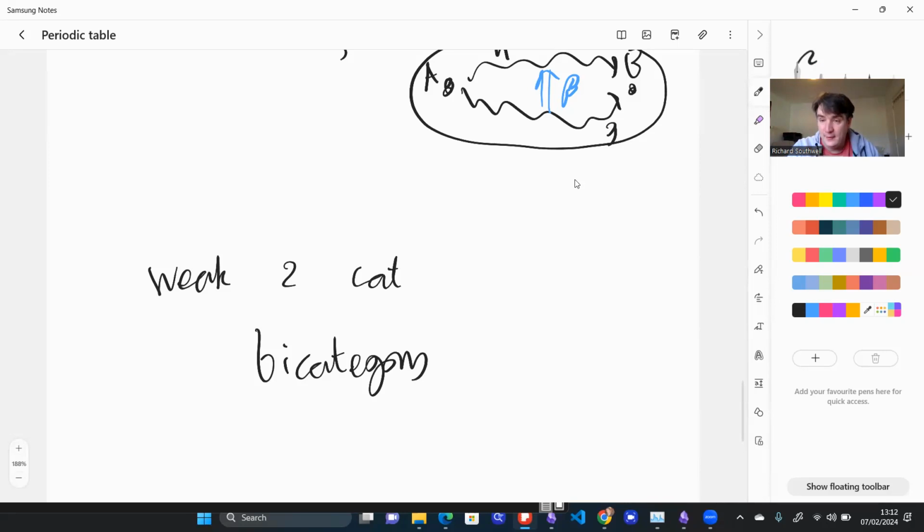Now, a bicategory is kind of like a 2 category, but some of the parts of it don't work in quite such a constrained way. To be more exact, a bicategory has all the same kind of stuff as a 2 category. It has 0 cells, 1 cells, and 2 cells. The difference is in how composition works.